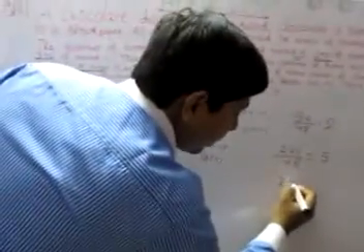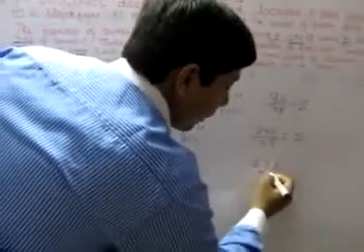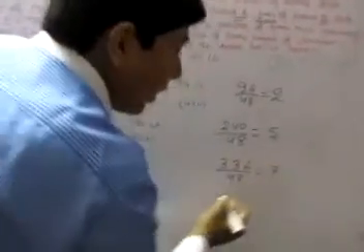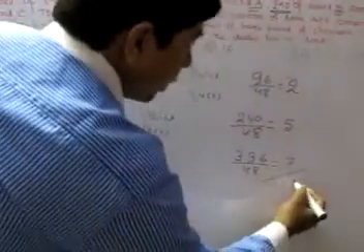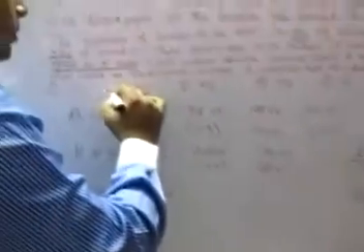So we require 5 cartons of B, and for brand C we require 336 by 48, which is equal to 7 cartons. So the minimum number of cartons is 2 plus 5 plus 7, that is equal to 14. So correct answer is option 2.